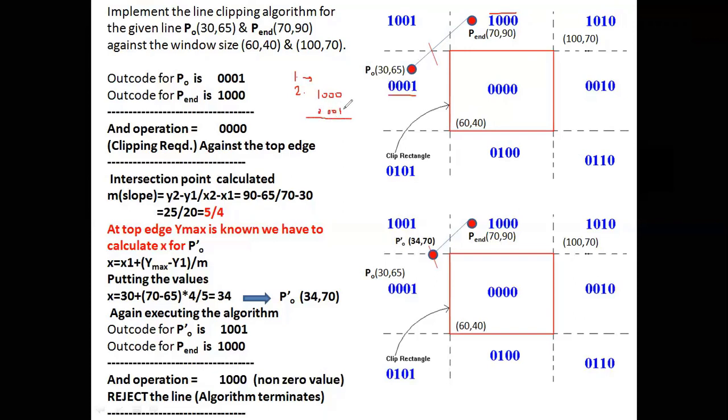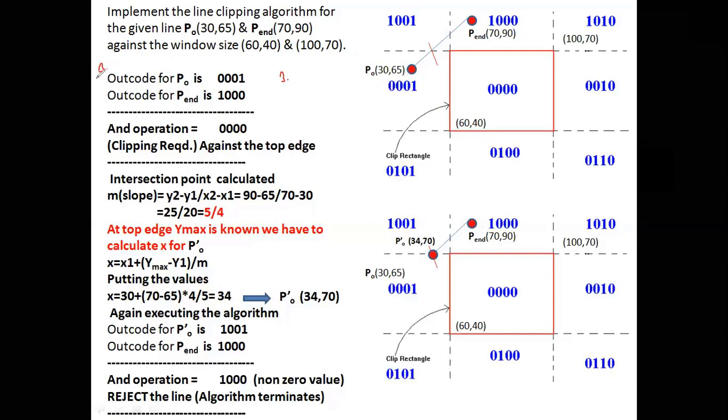It yields 1 0 0 1, which is a non-zero value. It means we cannot trivially accept this line; the complete line does not lie within the visible region. So we follow the third step, that is, perform the AND operation between the two outcodes.